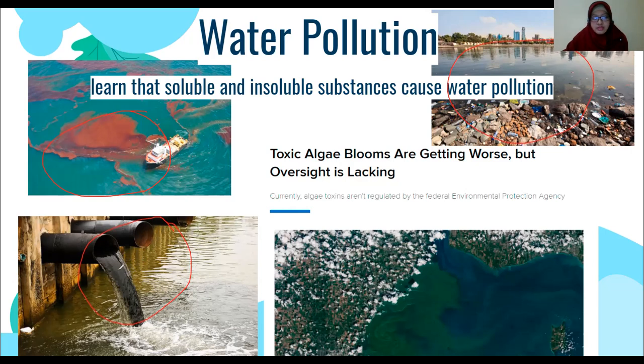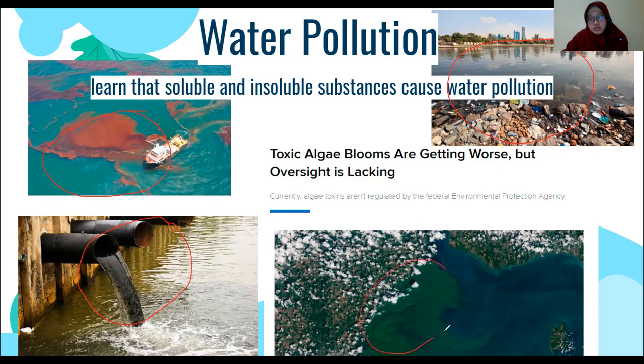So this waste is a chemical substance, and it's commonly dangerous for living things or for the animals that live in the water. And this is toxic algae blooms are getting worse, but oversight is lacking.